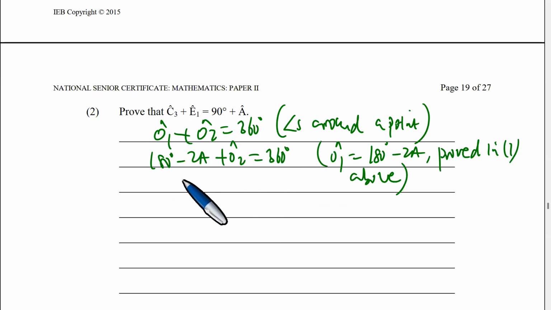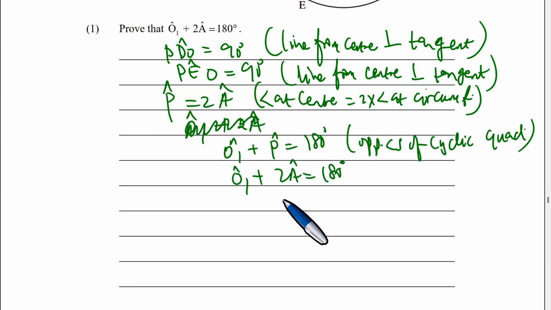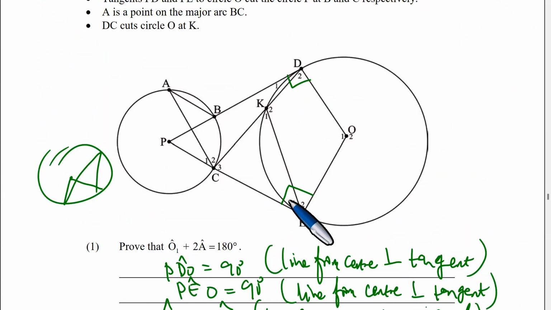Now we subtract everything: 360 minus 180, so you get angle O2, and O2 is going to be 180 degrees plus 2A. Right, so what is angle K2? We can see therefore that angle K2 is equal to 90 degrees plus A. That is the angle K2.